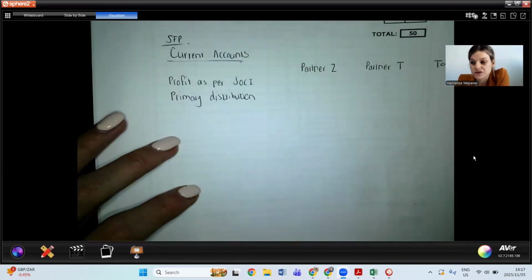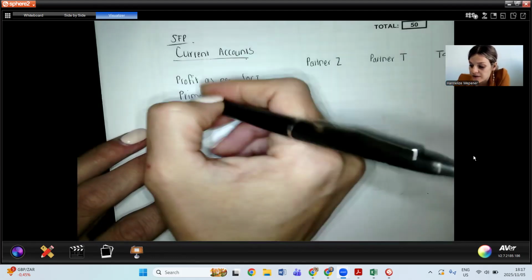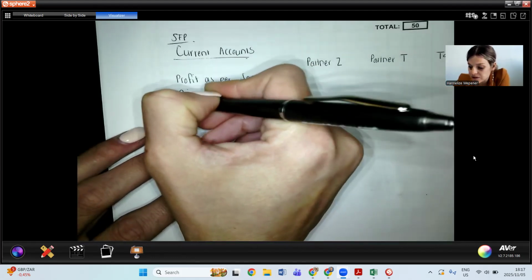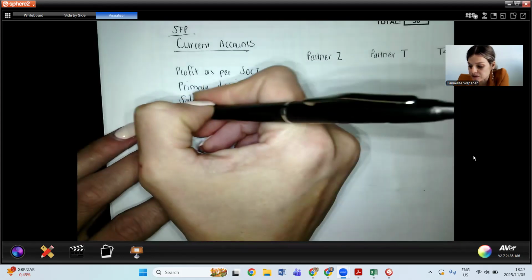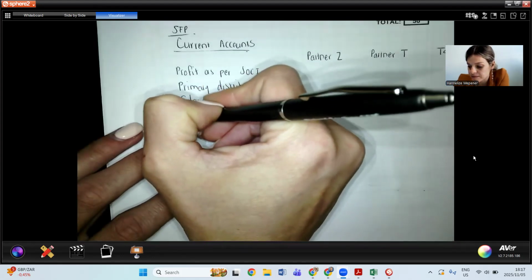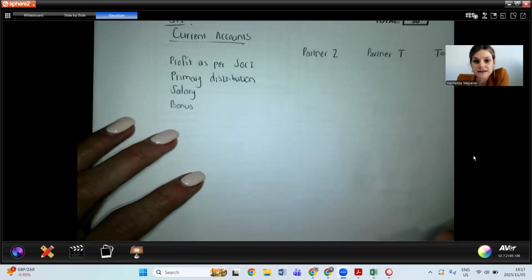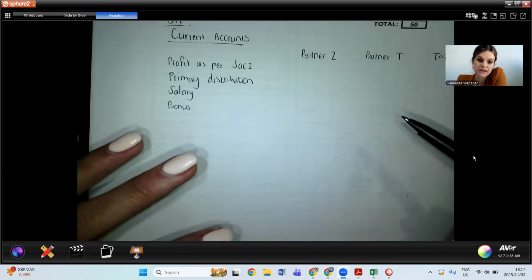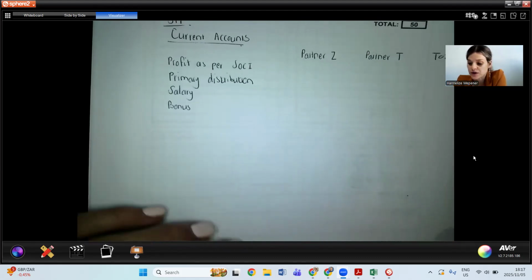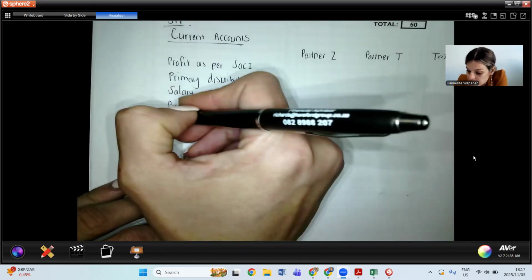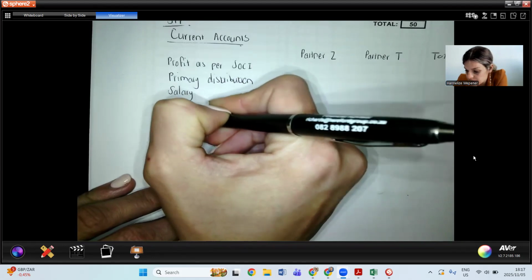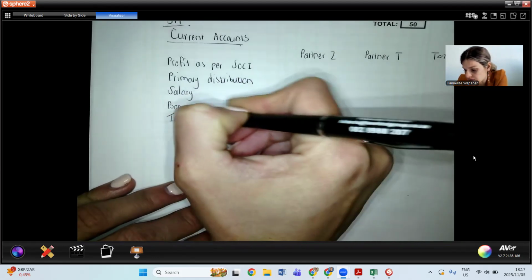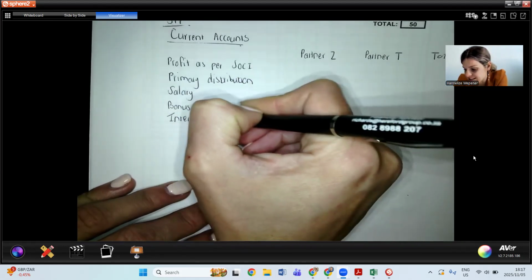Your primary distribution consists of the salaries that they might earn. They might earn a bonus. And then because they gave the business money as a startup, for capital they also earn interest on capital. So interest on, not in, but on capital.